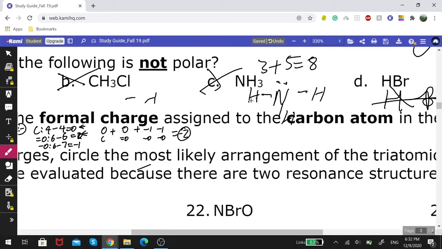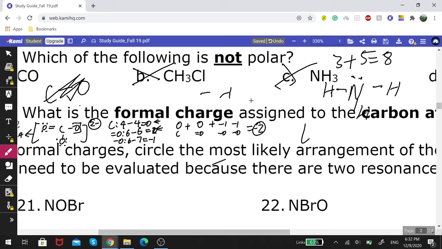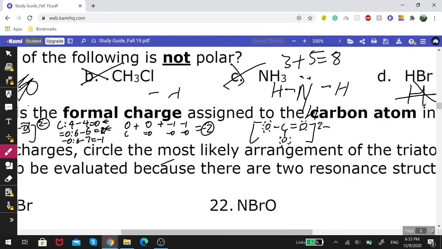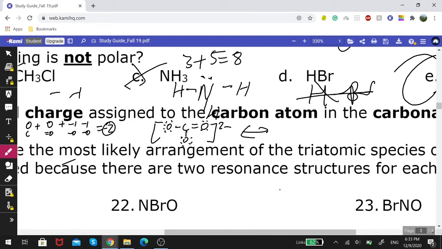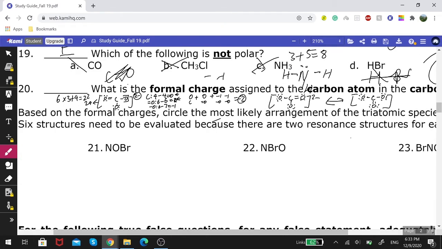And we're supposed to draw the different types of it, so we can do that real quick. Single bond, double bond O. That's another one, and a third one would be this, with the double bond over here. These are our 3 types that all fit the formal charge.